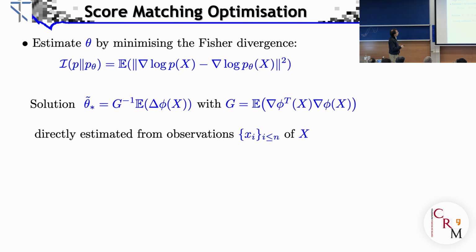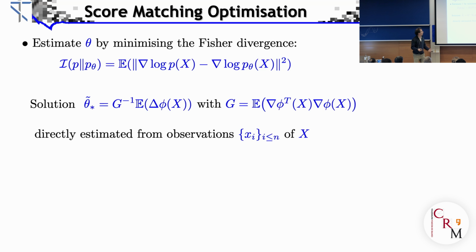So what you're going to do is to look at the difference between the grad of the log of the original distribution minus the one with the appropriate theta that you are looking for. Now, in this case, you do an integration by parts.